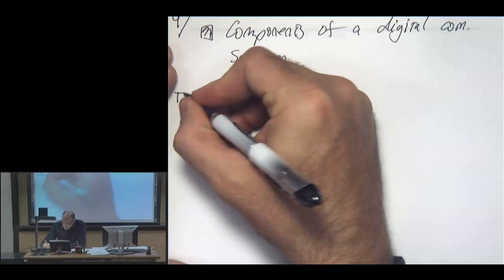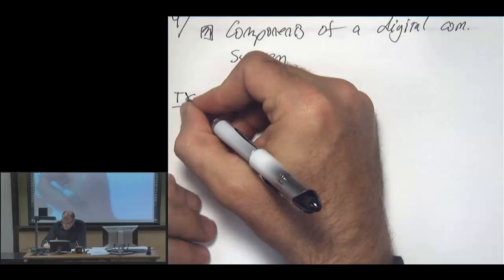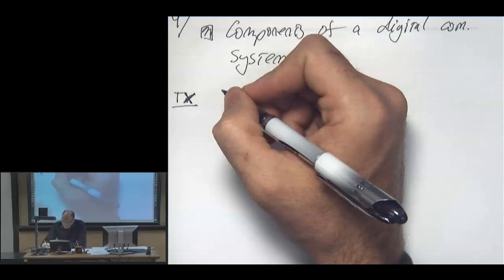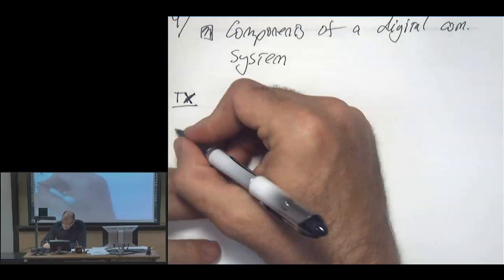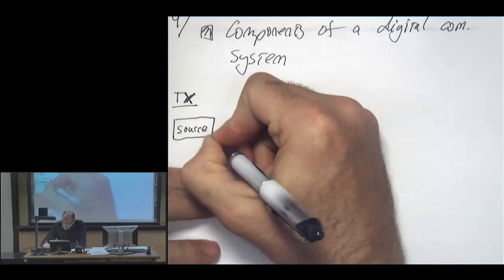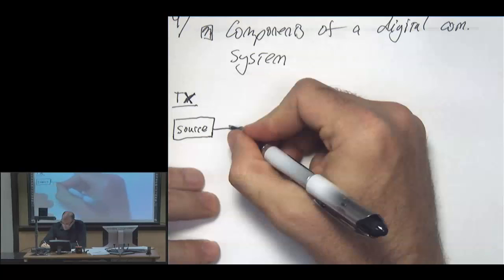The top part starts with this right here, which is a TX. This is how we abbreviate transmitter. For the most part, I'll never write transmitter again. I'll just write TX, and RX will be receiver. So we start off with the source. I'm going to draw everything here as a block.